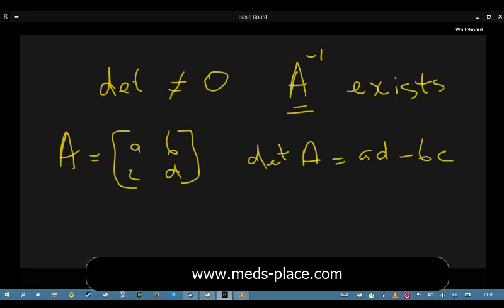It gets a little bit more complicated when you get larger matrices.